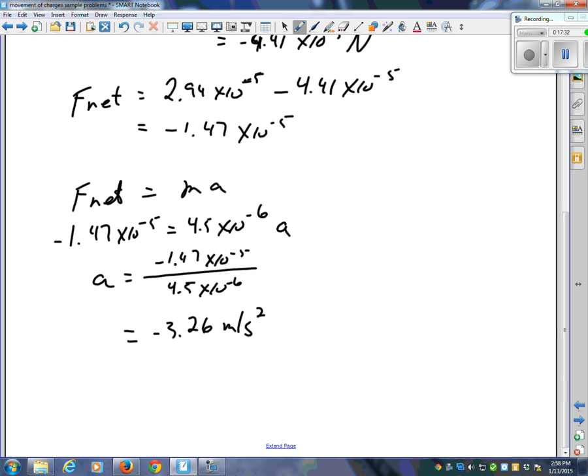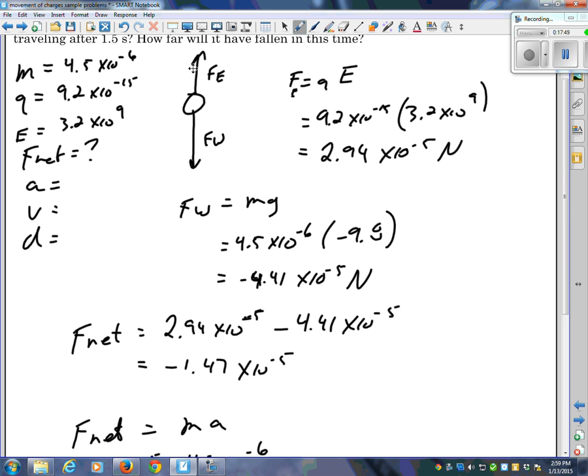Is that a sensible answer? Does it make sense? What is it times 10? There is no times 10. Negative 0. Just so the 0 means it doesn't exist. Now stop and think. If there was no electric force, what would be the weight force? What would be the acceleration down? Minus 9.8.